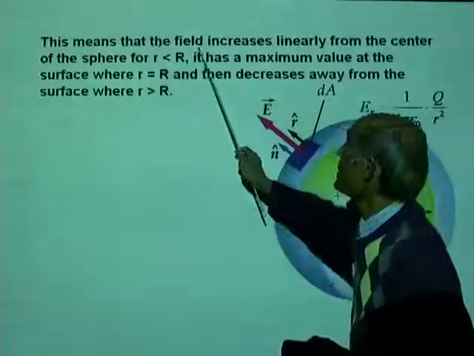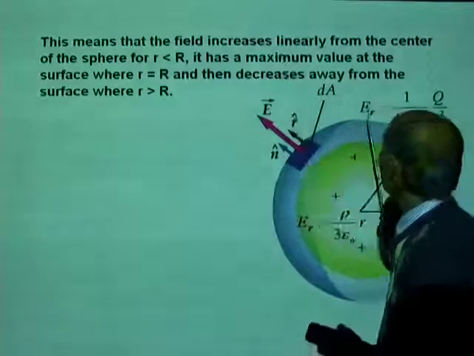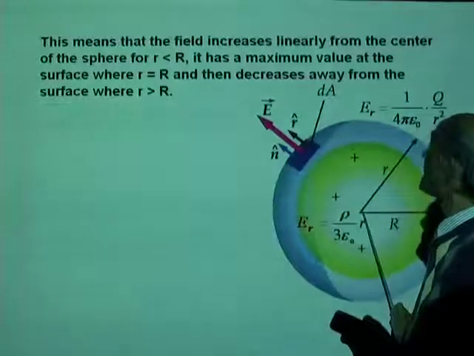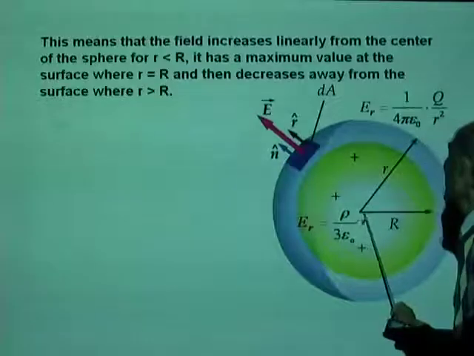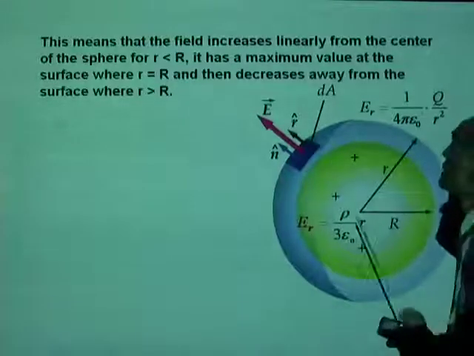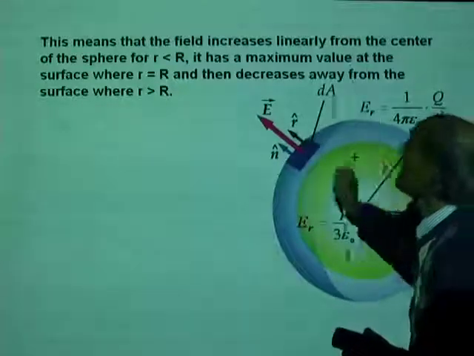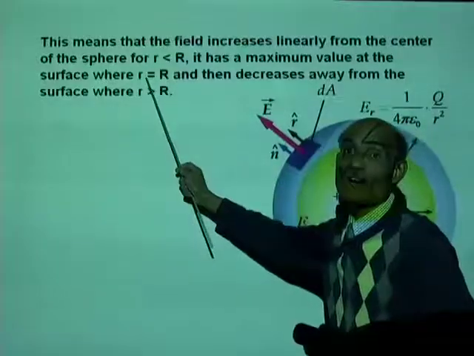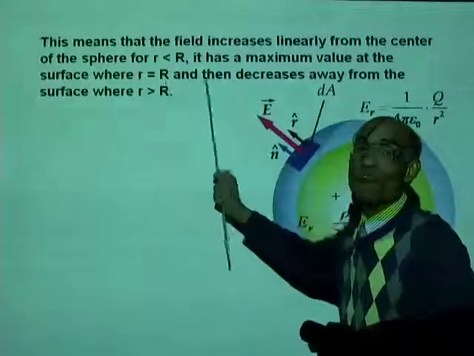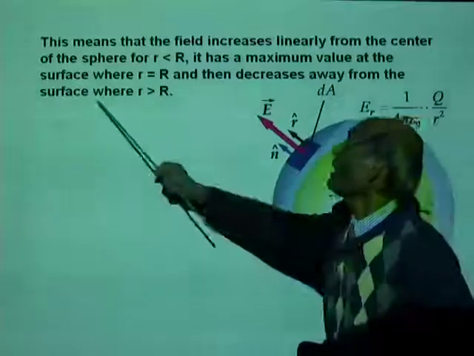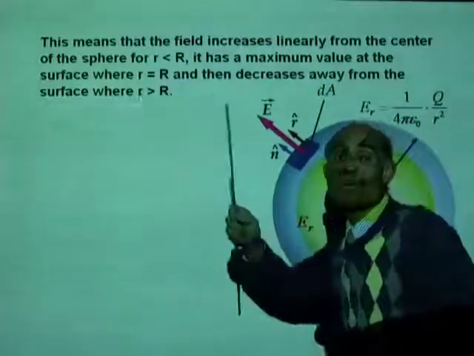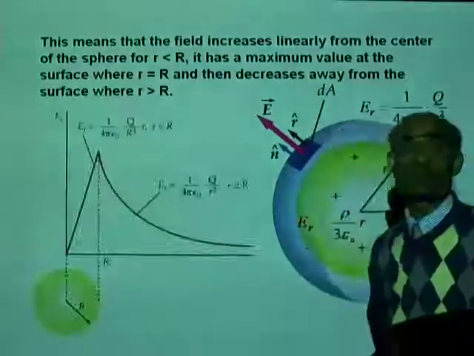This means that the field increases linearly from the center of the sphere until it reaches the surface. It has a maximum value at the surface where r equals the radius, and then decreases away from the center where r is greater than the radius.